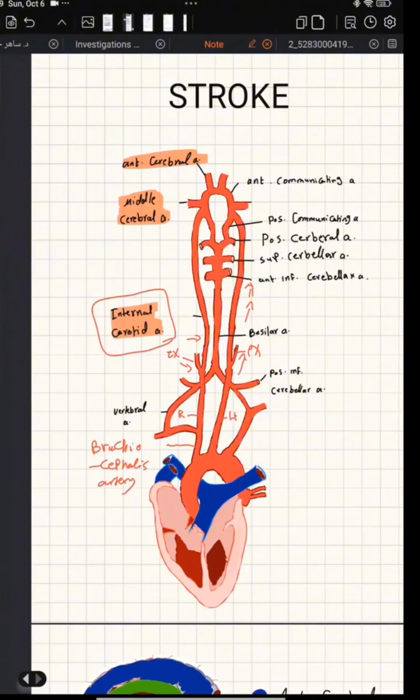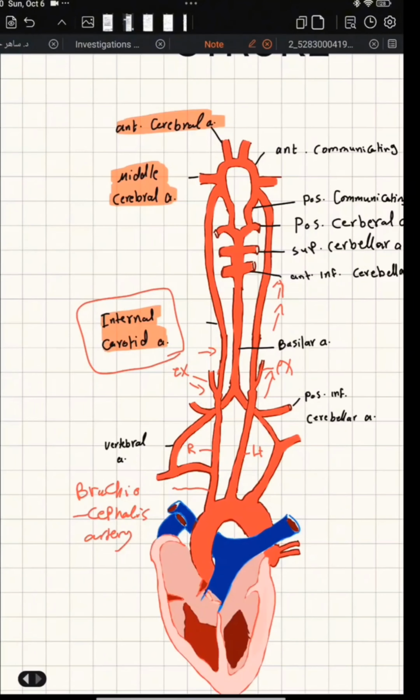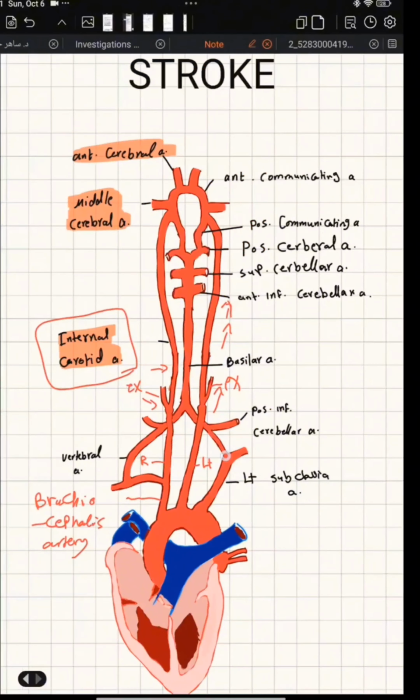What about the posterior circulation, which also contributes to this circle of Willis? Here from the left subclavian artery, there is a branch which is called the left vertebral artery.